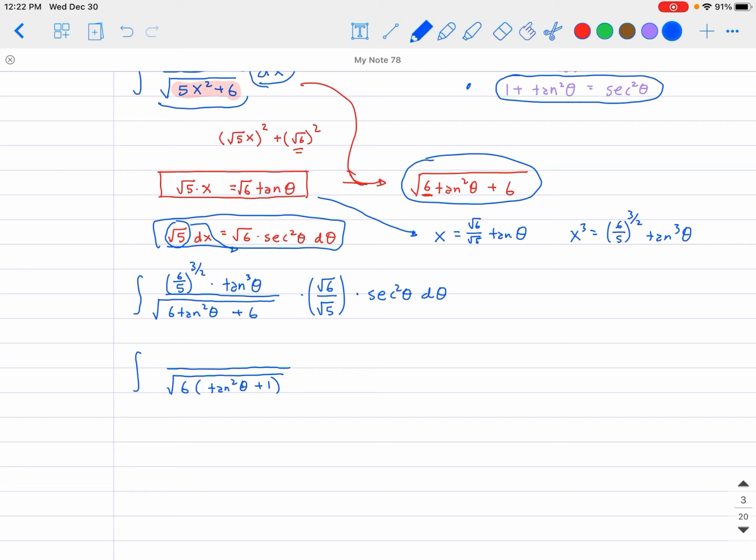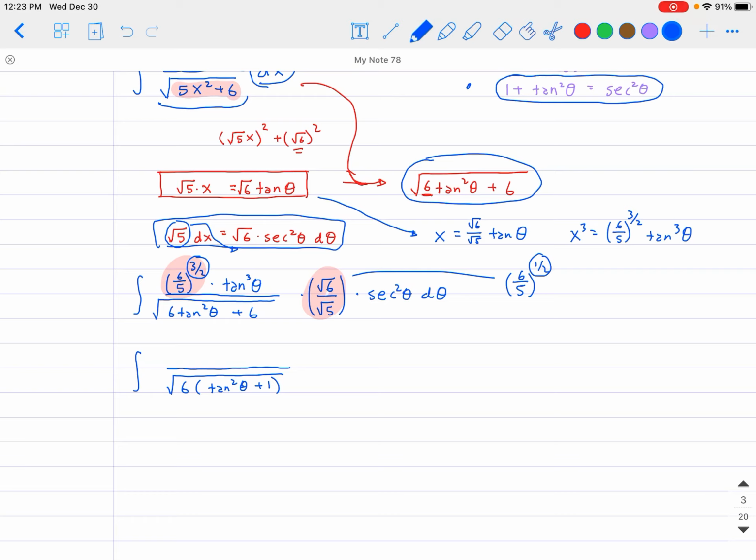Now, the top part, if you remember earlier, we said this guy right here and this guy right here, they can mesh together. This, to me, is going to be the same thing as 6 over 5 raised to the 1/2 power. So if you have those two multiplied together, that actually works out nicely because then we have 6 over 5 raised to the 3/2 and 6 over 5 raised to the 1/2.